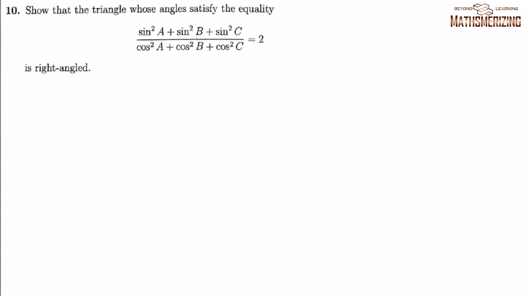Now question number 10 is, show that the triangle whose angles satisfy this equality is a right angled triangle. Now we can write this as summation sin²A will be equal to 2 times summation cos²A. Now we'll also add this summation cos²A on both sides.